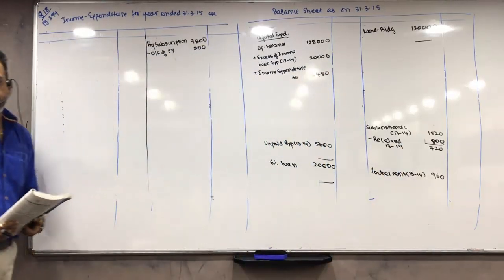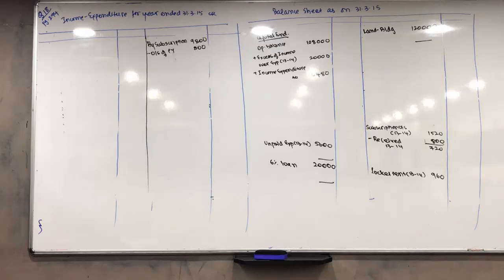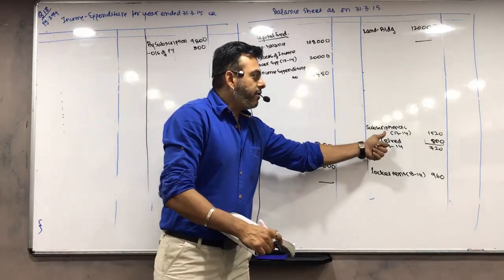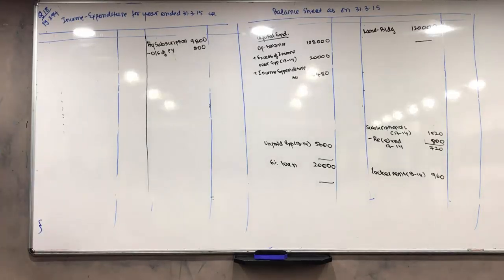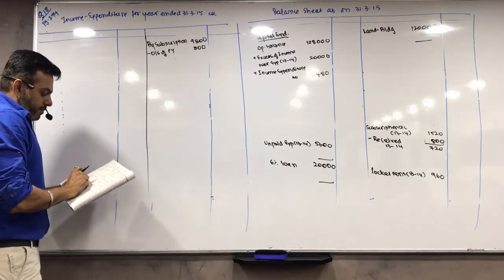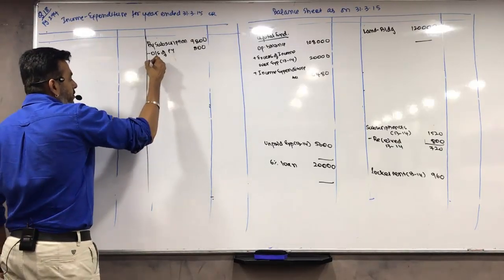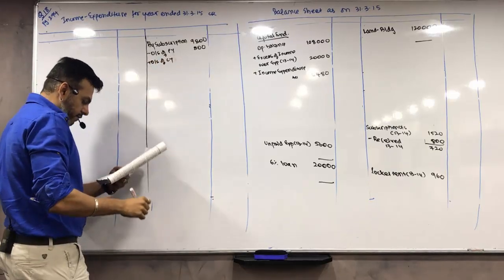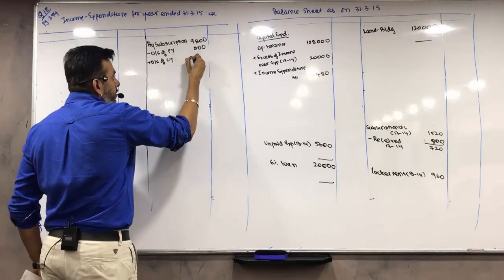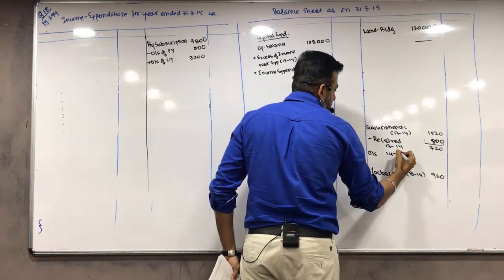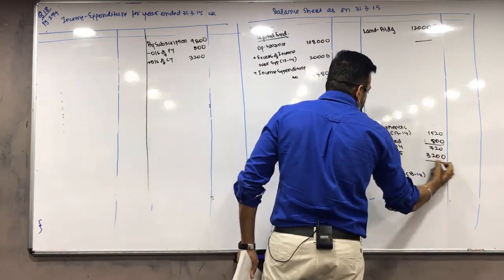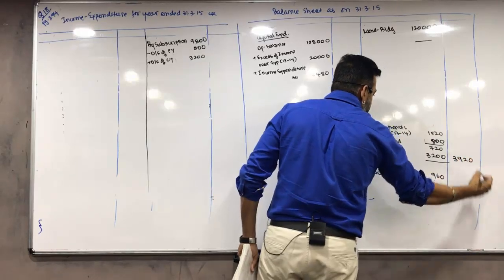Look in the inner column, because 14, 15 will also come. Did everyone understand this? Until now, in everything we assumed that whatever was outstanding, we received in full, so it didn't come in the balance sheet. Then advance. So let's do outstanding of current year. Outstanding of current year is 3,200. So here we write outstanding for 14 and 15, 3,200. We close it. 3,920.